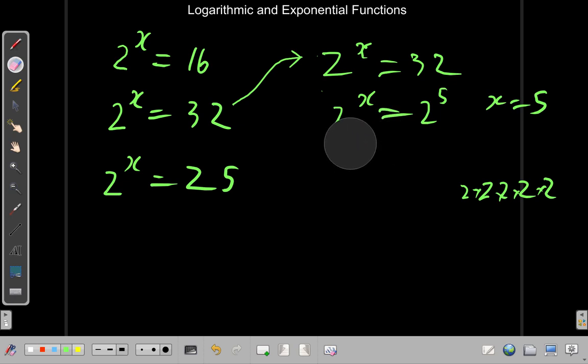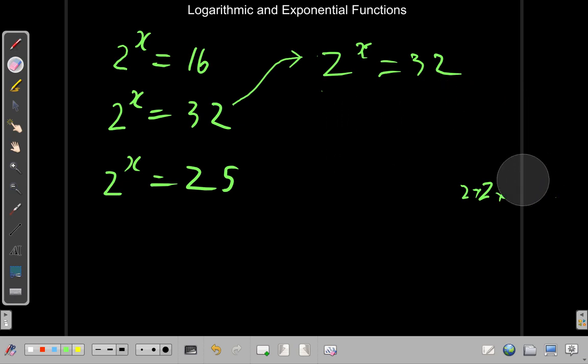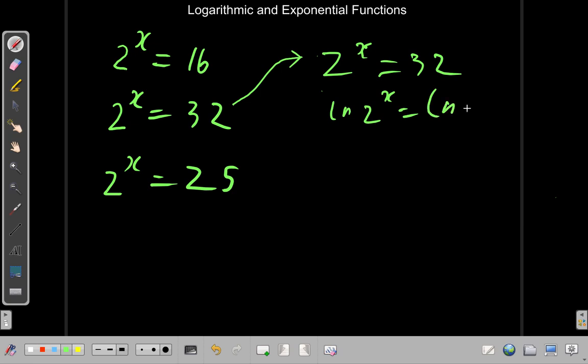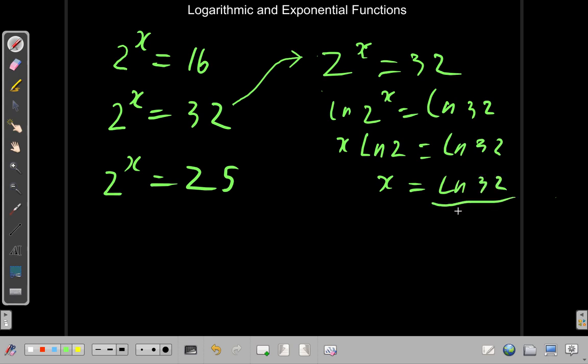If you do use logarithms, you find ln of 2 to the x equal ln 32. But this is x ln 2, and x ln 2 would give you ln 32. So when you divide both sides by ln 2, you get x would be ln 32 over ln 2.